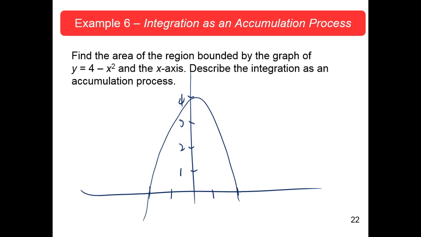So there's your parabola. Axis of symmetry is the y-axis. So find the area of the region bounded by that graph and the x-axis. So here's what we're interested in here. That area.